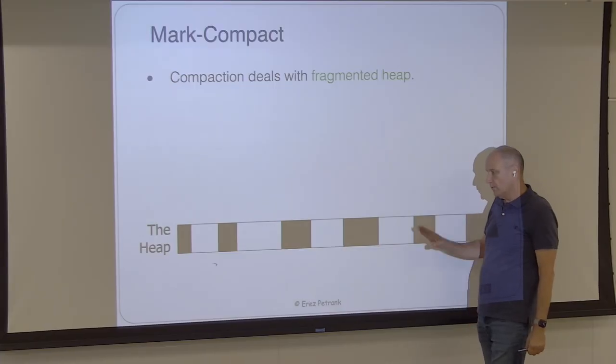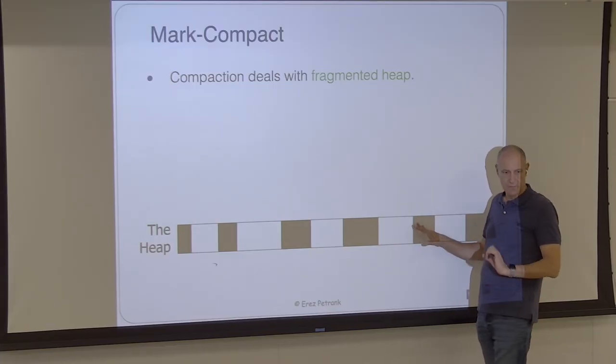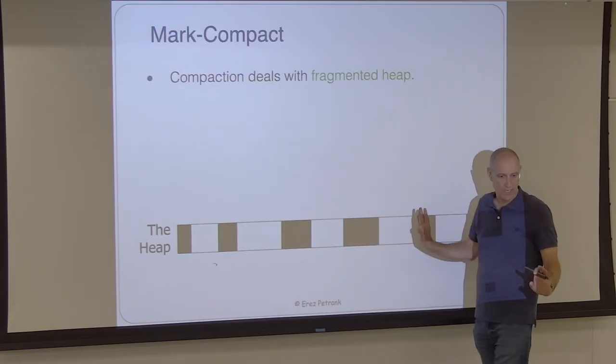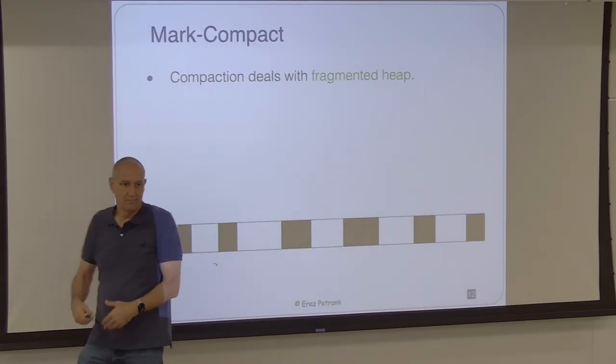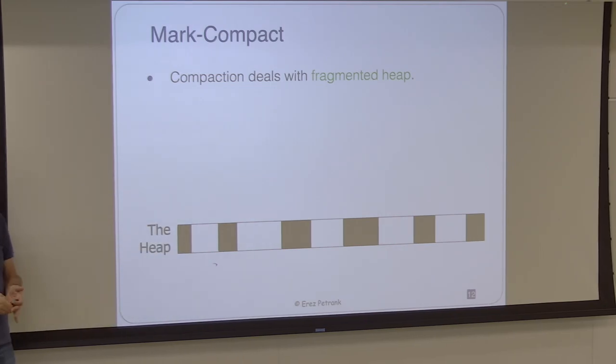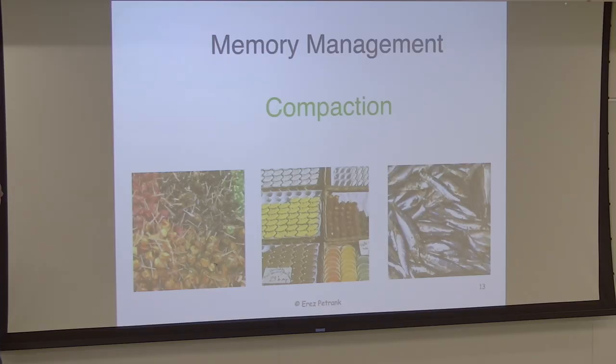But we assume there was a marking phase before that, and we know which objects are live. This is assumed. You need to know who is alive in order to compact all the live objects to the beginning. Okay? And I'm going to ignore it, but assume there was a marking phase.